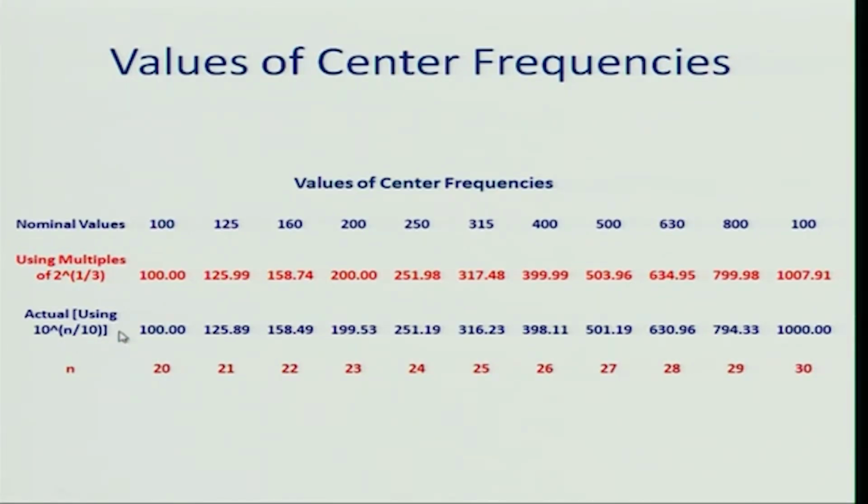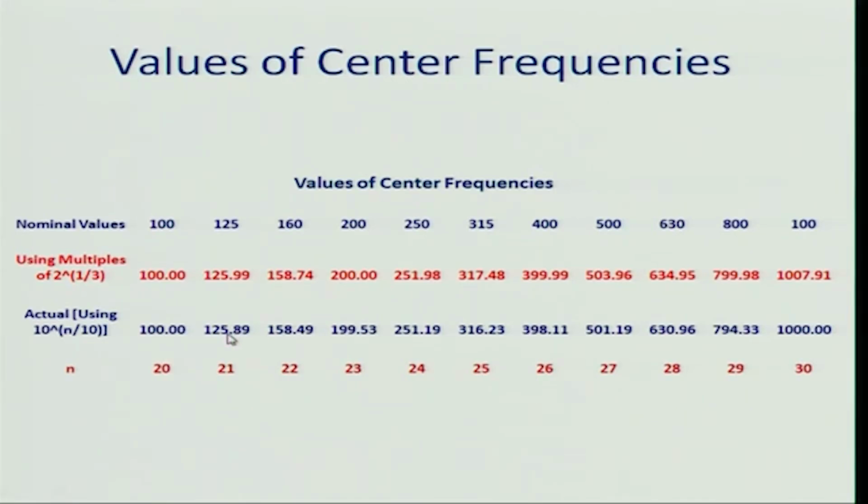When n is equal to 30, I get 1000 Hertz. And all the intermediate frequencies I get like these. These are the mathematically correct values of frequencies. 100, 125.89, 158.49, 199. And so on and so forth. Okay. So, but you don't use these long numbers for practical considerations.